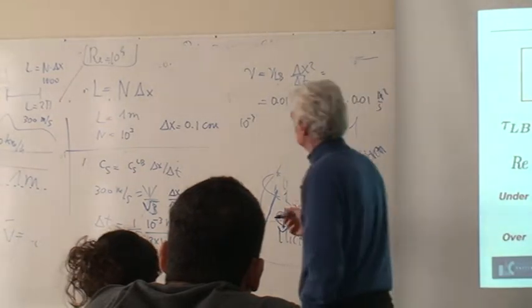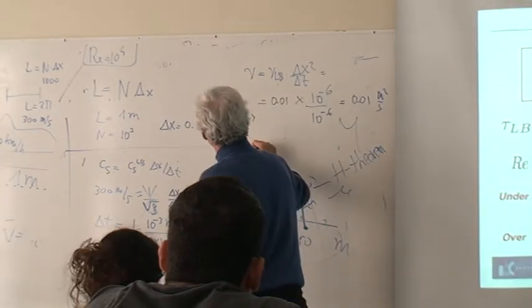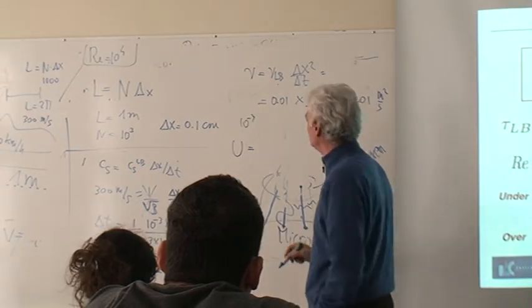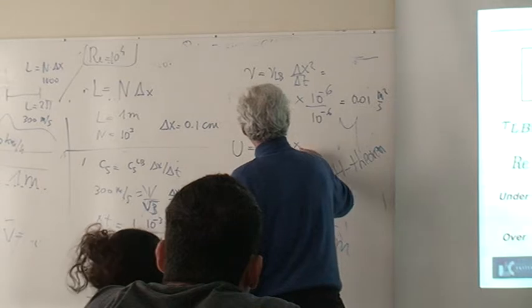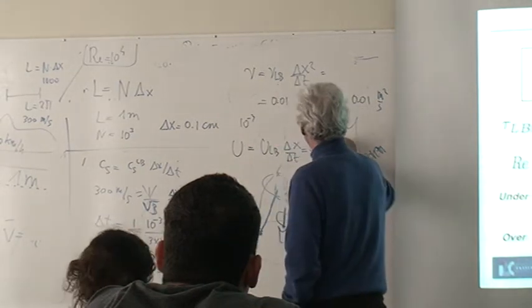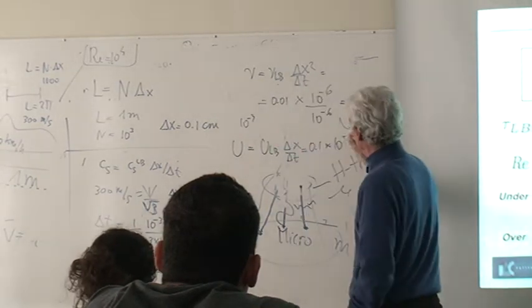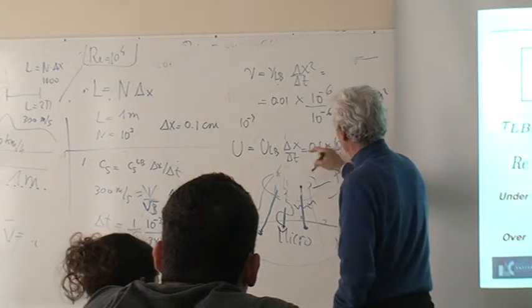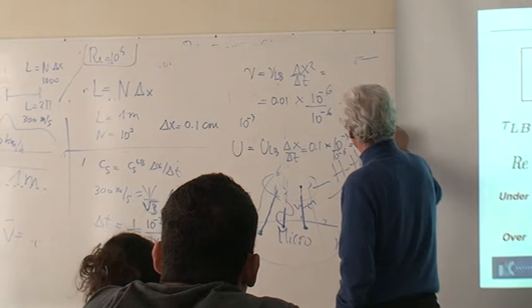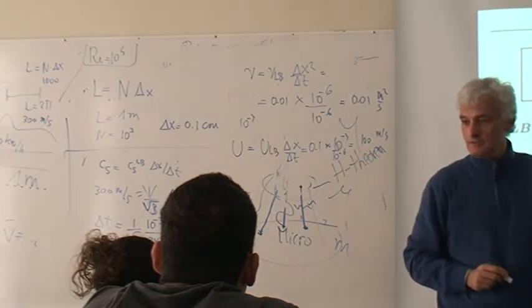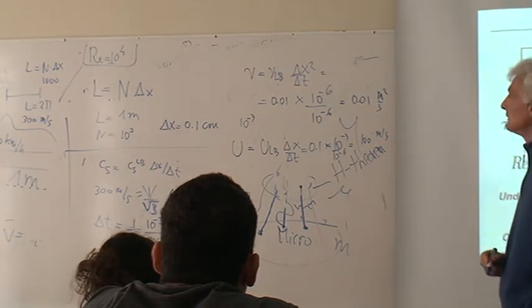But why is it not viscosity there? It is the velocity of my car. 0.1 times 10 to minus 3 over 10 to minus 6, and that is 100 meters per second. The velocity is not the same. I'm saying 100 kilometers.